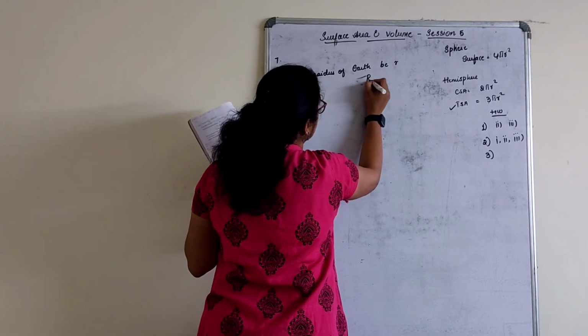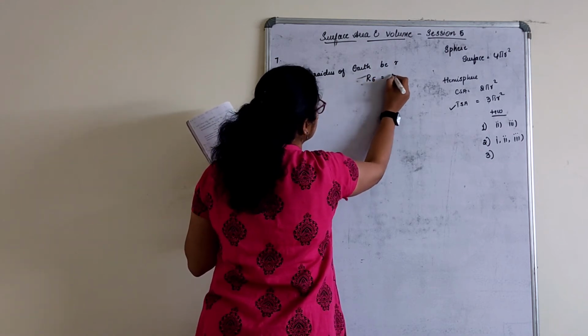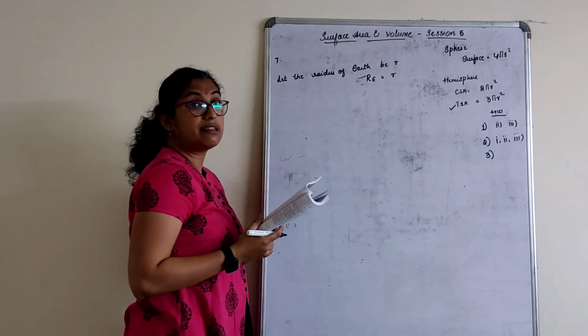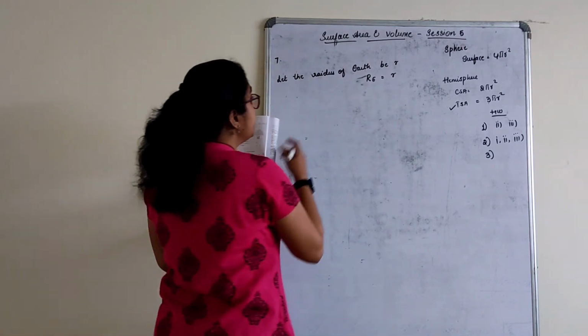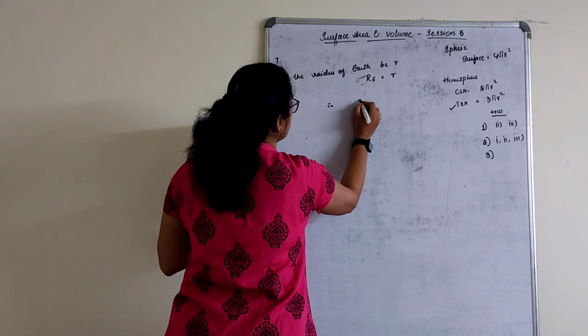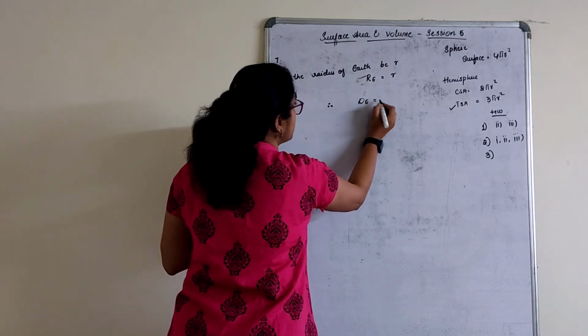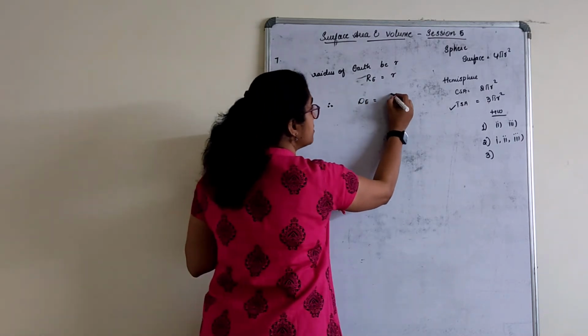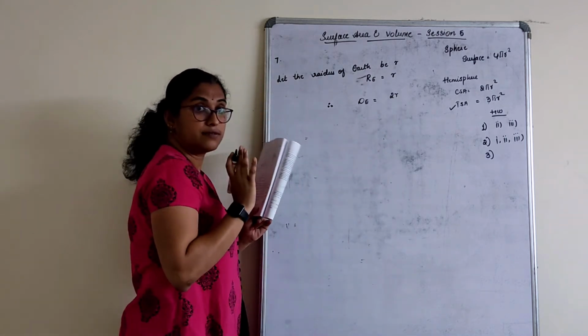Let us name it like this so we'll understand. Therefore, the diameter of earth will be how much? D of E is 2r. Keep it as it is.